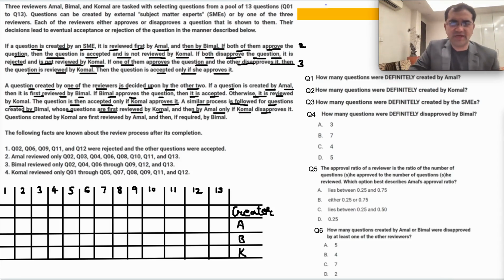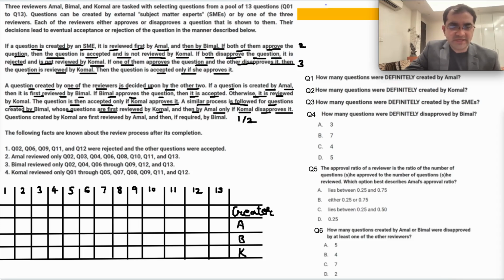Understood? So here one person might see it or two persons might see it. If the question has been created by one of the reviewers, then if the next one has approved, then only one person is required. But if the next person has disapproved, then you have to take the second person's opinion, the second opinion. Okay? So now let's get into the question.